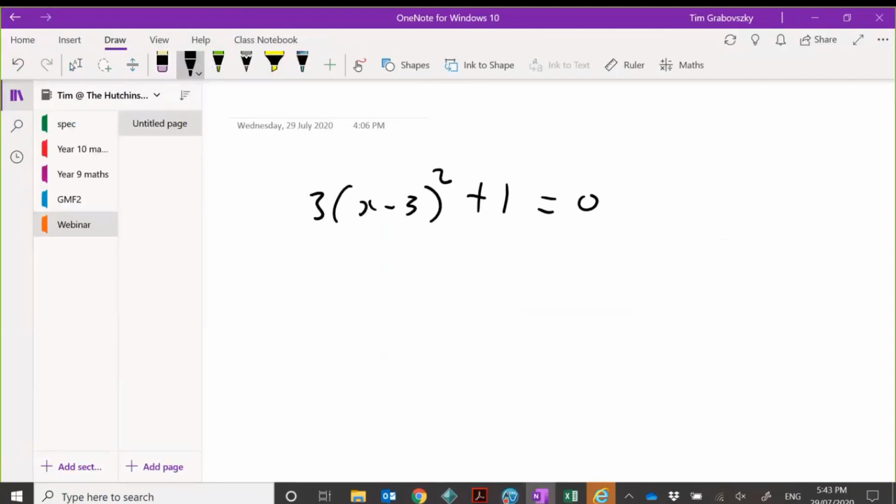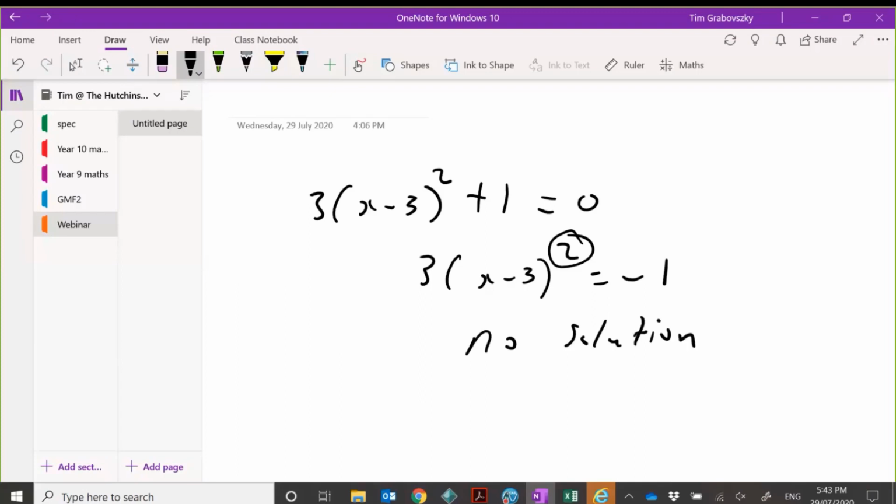As soon as you try and solve that, you're going to get a negative number on the other side. And you're going to have to do the square root of a negative number at some stage. You cannot have the square root of a negative number, so there's no solution. All right, there is no solution. Hence, there are no stationary points on that curve.